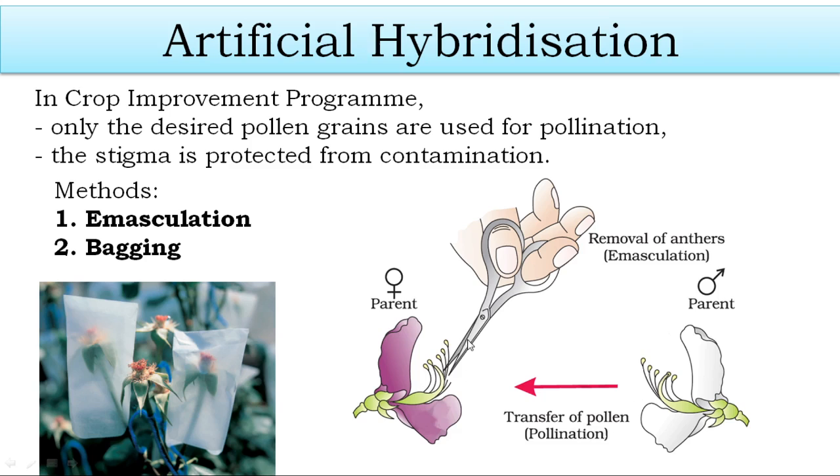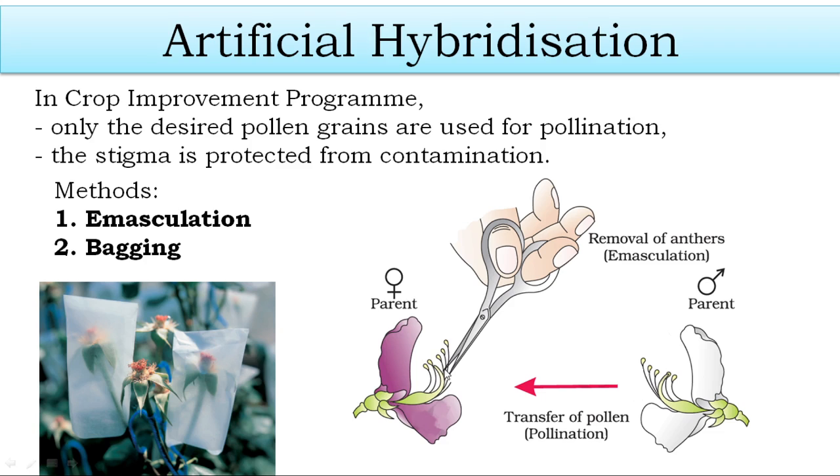If you do not remove the anthers, there is a chance that self pollination can happen. So in order to prevent that, first you remove all the anthers from the female parent. The removal of anthers is called emasculation.